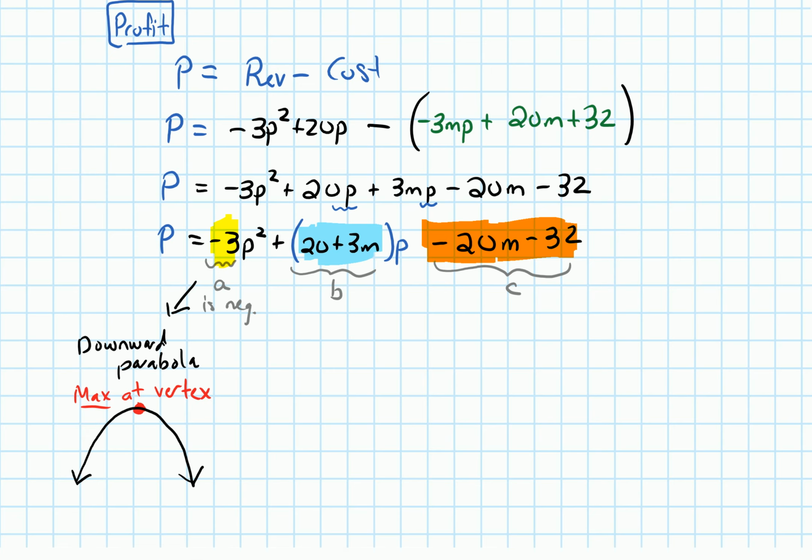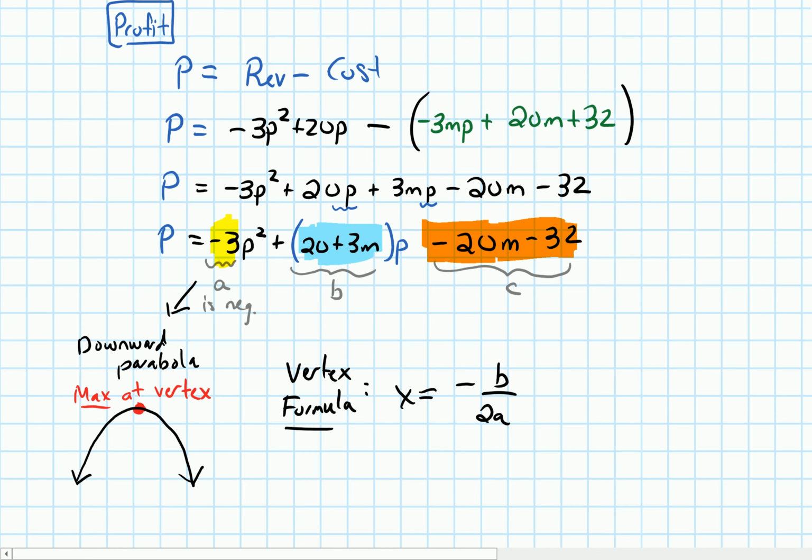All right, so now let's use the vertex formula. The vertex formula normally would be x equals negative b over 2a. But just like we saw in the example in the last video, we don't have an x as the variable here. Instead of x, we actually have p.